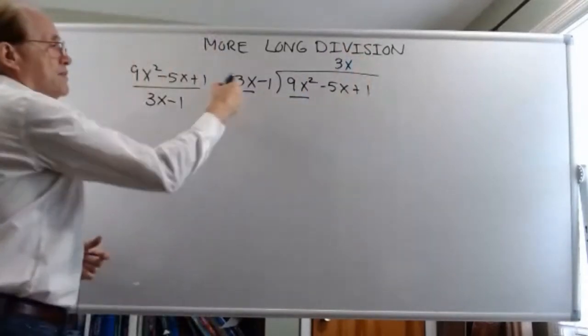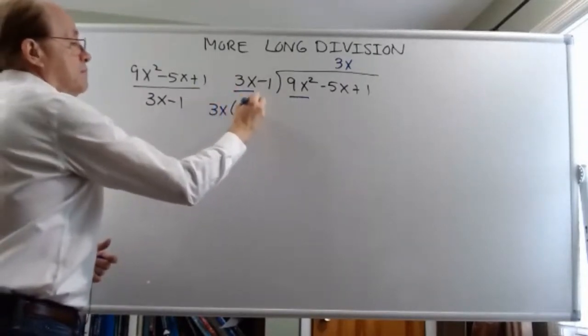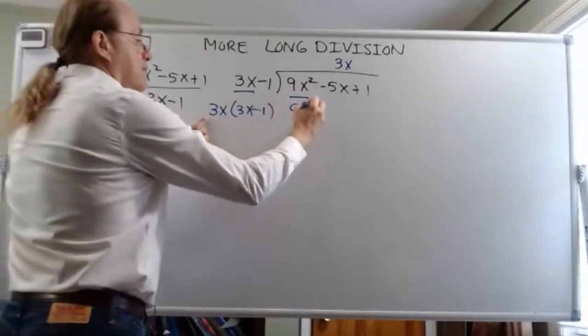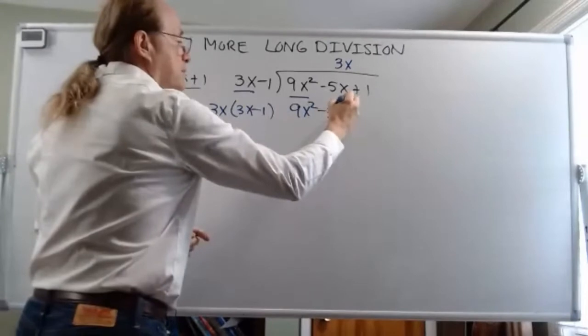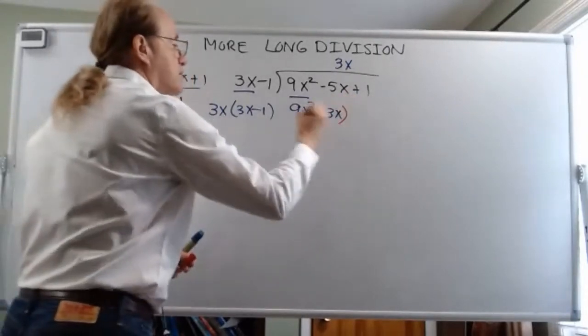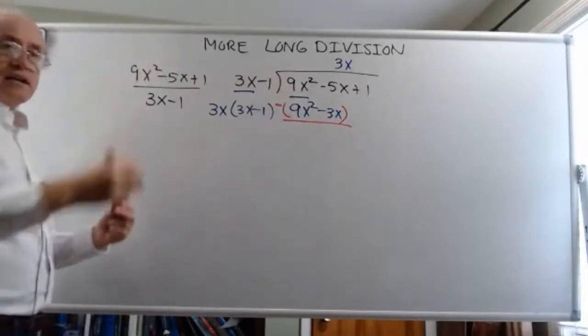And I'll multiply this expression by that. So that will give me the 9x squared minus 3x. And then what I'm supposed to do after this is to subtract the result. So I turn around here and I subtract it. So I get 9x squared minus 9x squared.